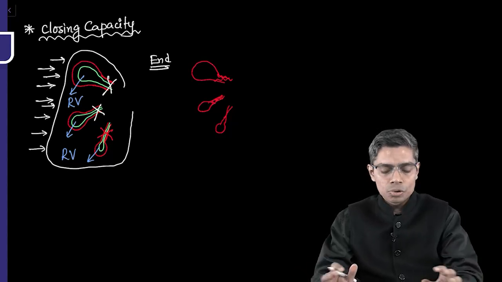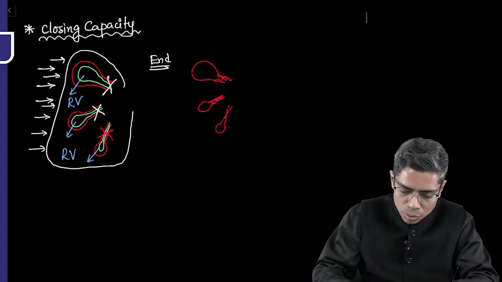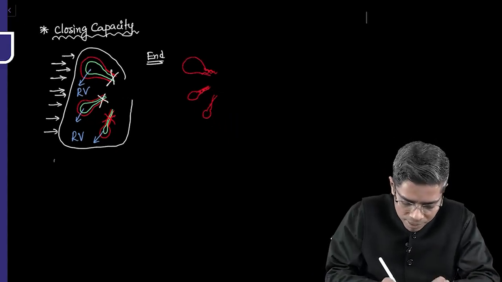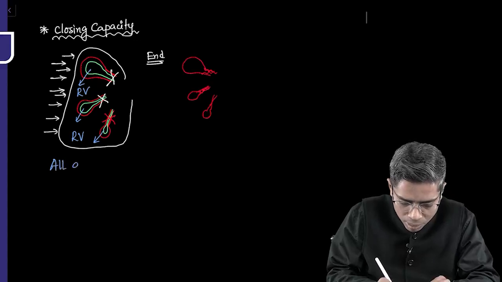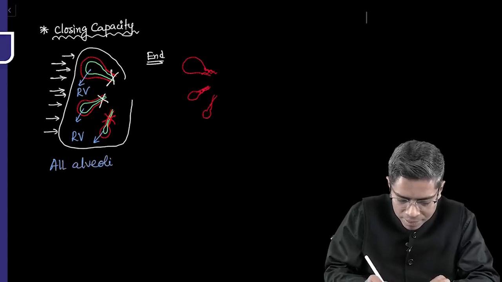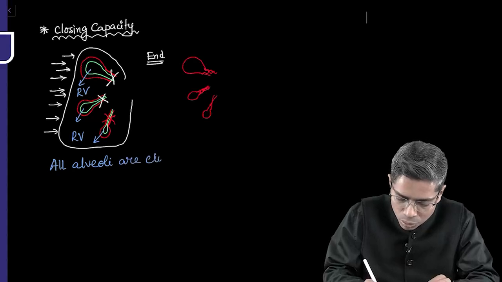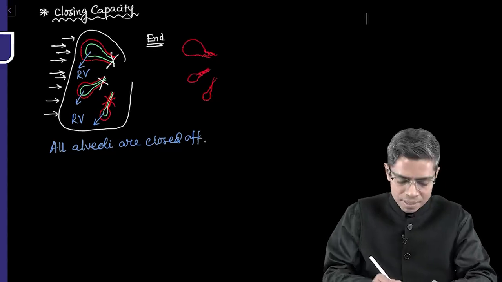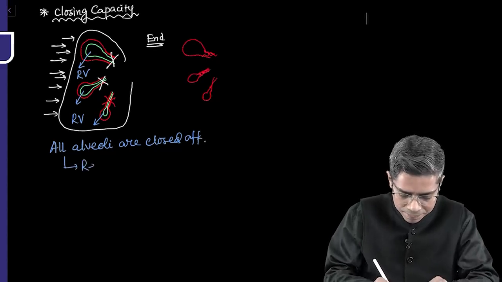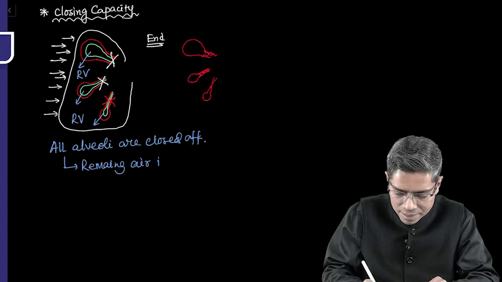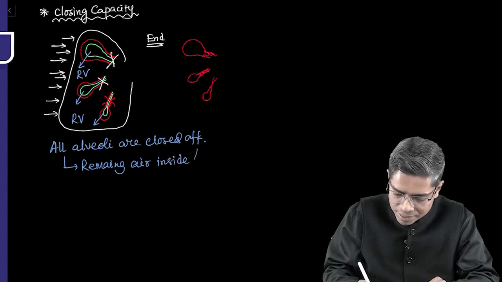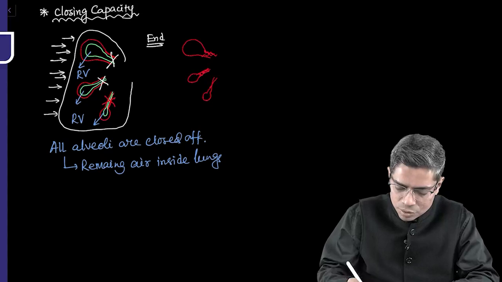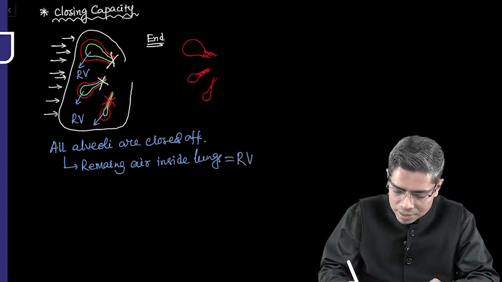Getting my point? So when all alveoli are closed off, I can write down a bottom line like this: all alveoli in the lung are closed off, right? In this condition, the remaining air inside the lungs is known as my residual volume.